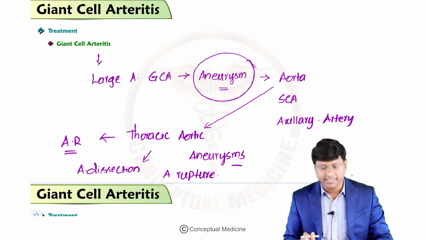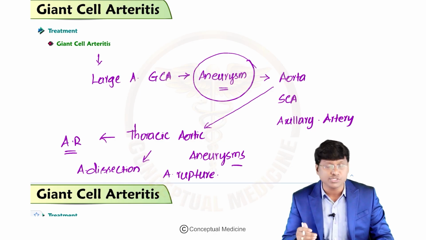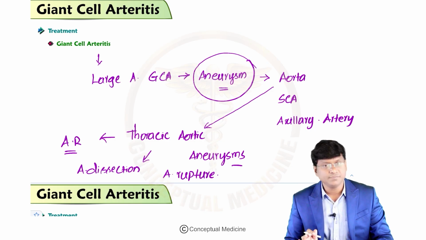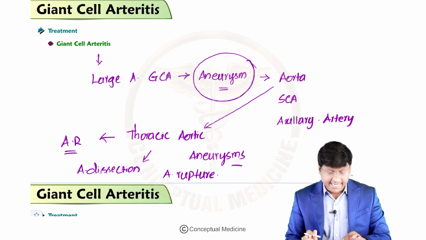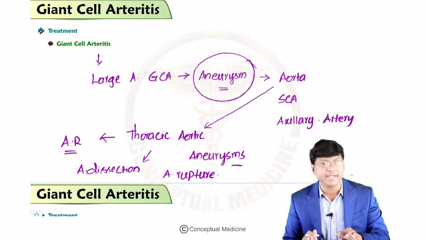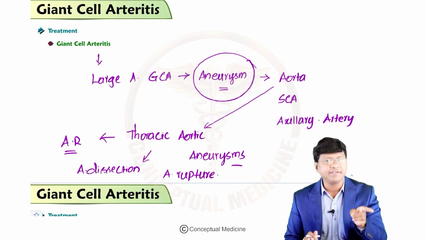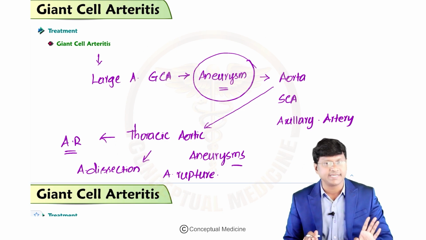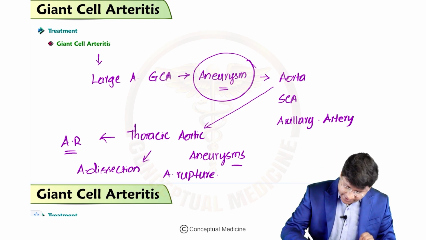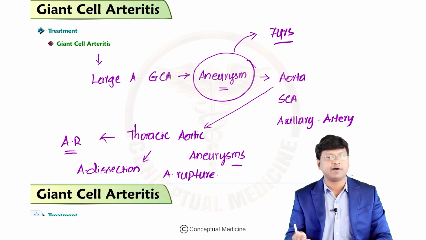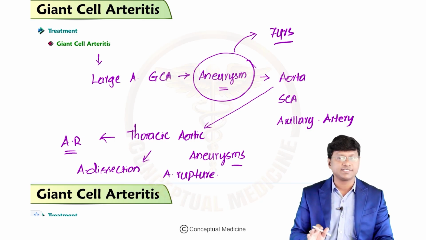These will all be the consequences. The aneurysms can develop at any time, but typically they occur about 7 years after the diagnosis of giant cell arteritis is made.